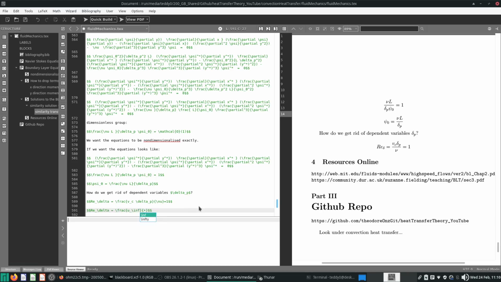We also proved that Re delta is u infinity L over nu, multiplied by delta p squared over L squared, and that equals 1, or rather order of magnitude of 1.